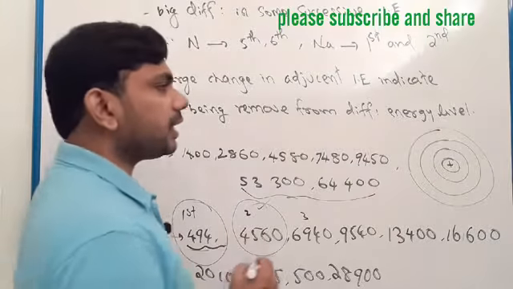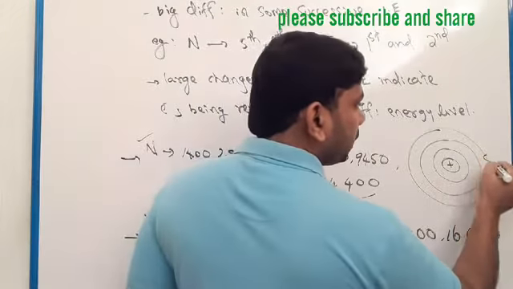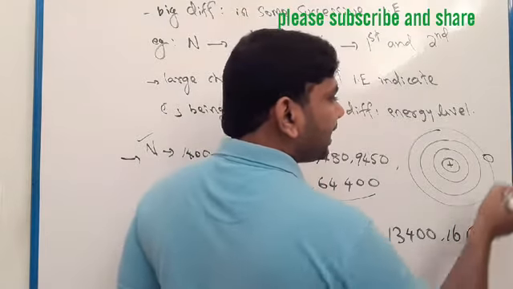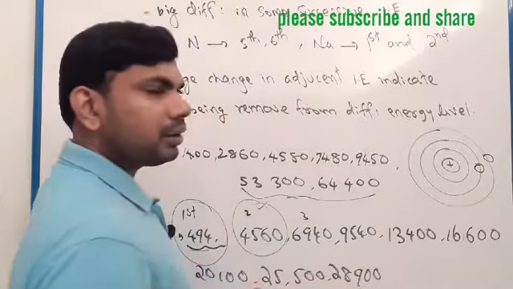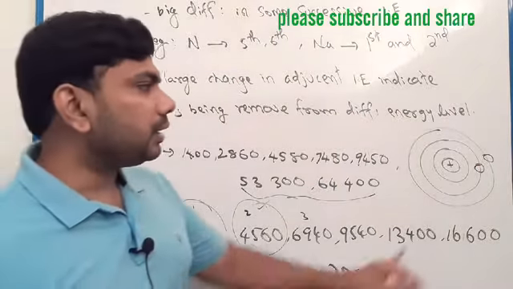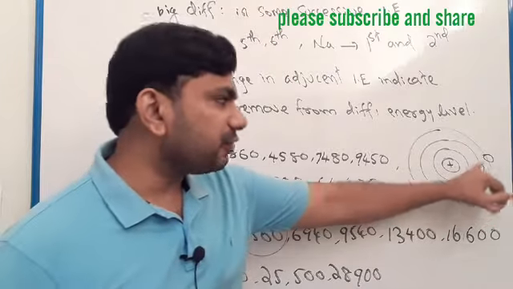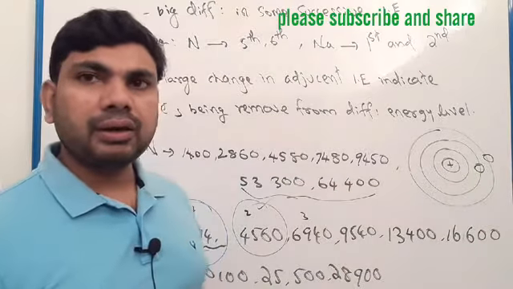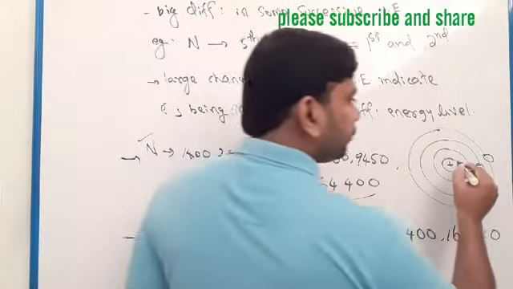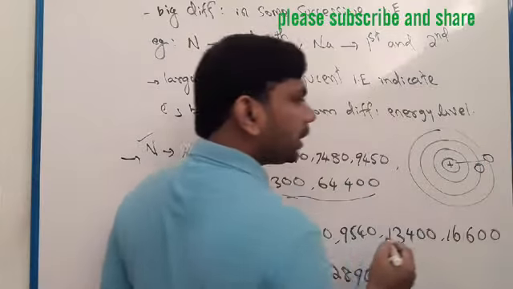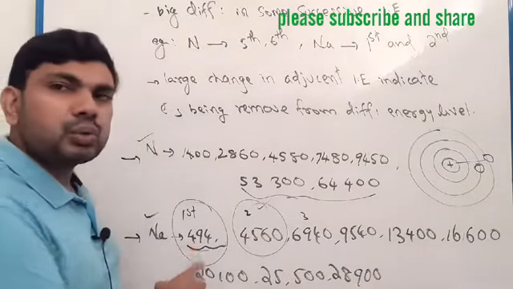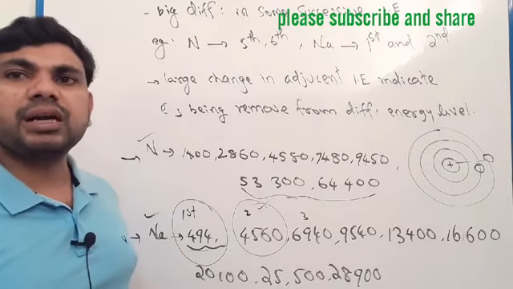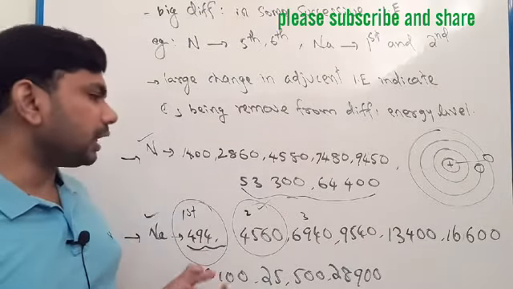It indicates that first electron in one energy level and second electron in another energy level. Okay, this electron is far from nucleus. So less attraction between this electron and nucleus and less amount of energy needed to remove this electron.